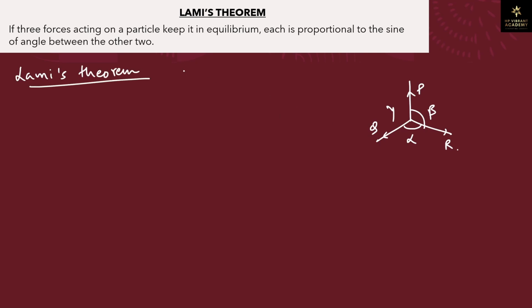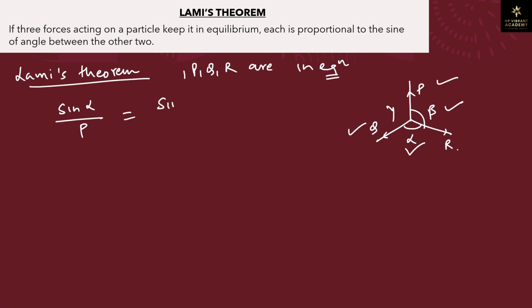If P, Q and R are in equilibrium, then we have sine alpha upon P is equal to sine beta upon Q, which is equal to sine gamma upon R. Each is proportional to the sine of angle between the other two.